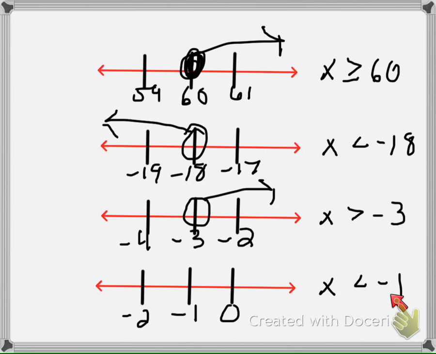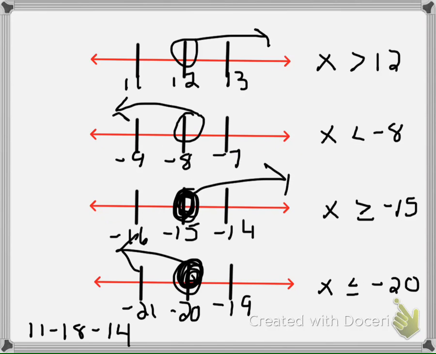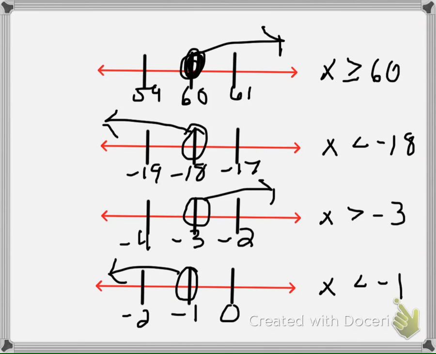X is less than -1. And notice again, because there's no equal to, I didn't fill it in. So with these two, you were able to, if I gave you the inequality, graph it. Now we have to do the vice versa of that.